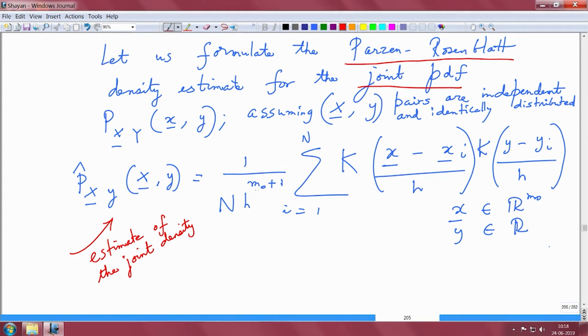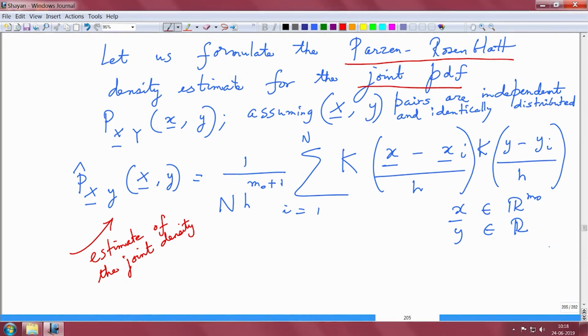Why do you have the exponent m naught plus 1? Because x is an m naught dimensional vector and y just belongs to R, so it is in single dimension. Therefore, the dimension is what we have to scale here. So, it is going to be m naught plus 1.